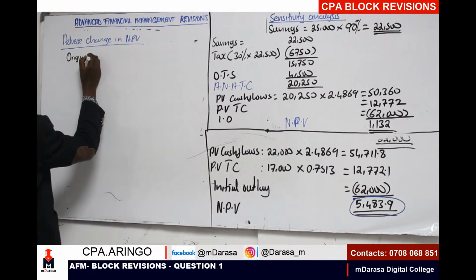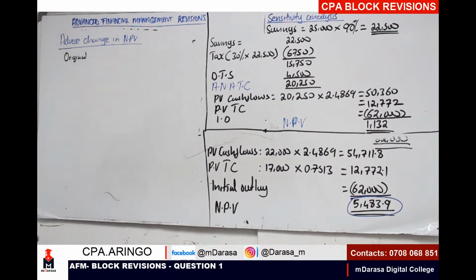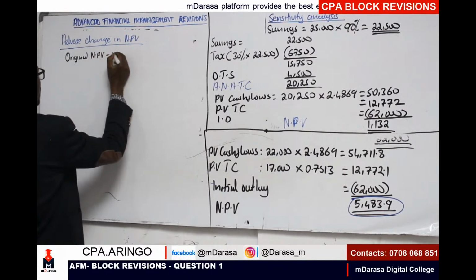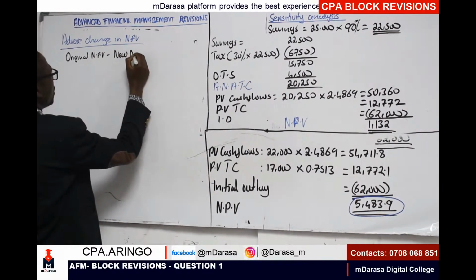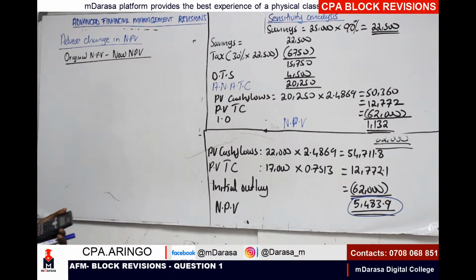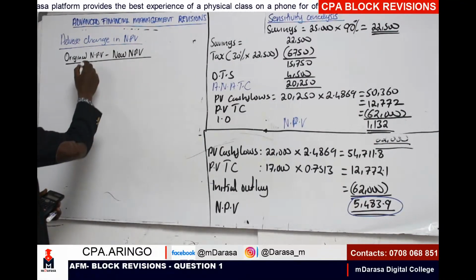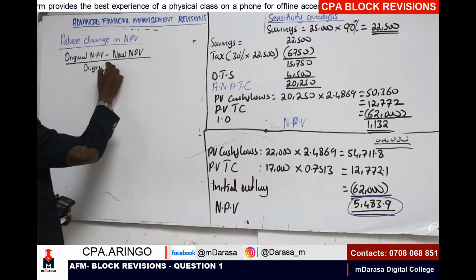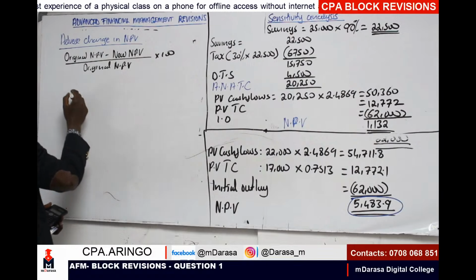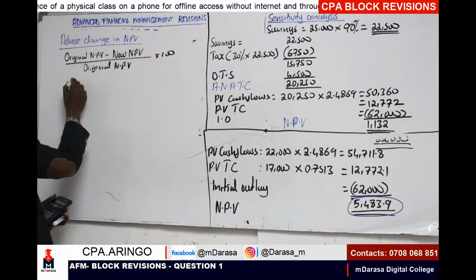To determine our change in NPV, we take the original NPV minus our new NPV, based on the original NPV, times 100.